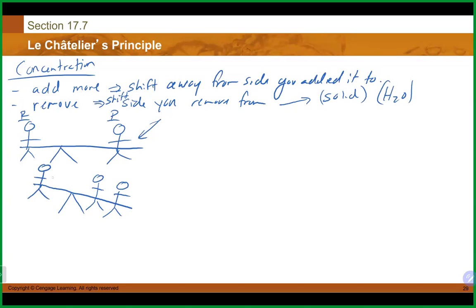This is not advanced stick figures, as there's no faces. But here that's going to mess up equilibrium. And clearly in this case, we need to put more people on the left-hand side, opposite of where we added, to fix this. So to fix this, we're going to shift away from the side we added it to. And again, here we will return back to equilibrium, basically.